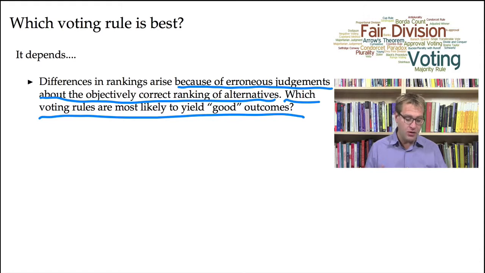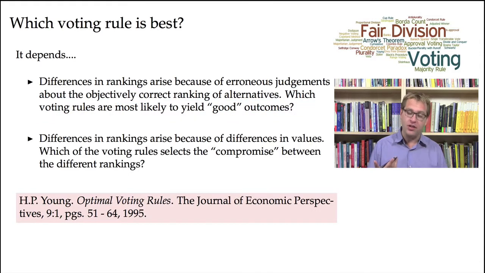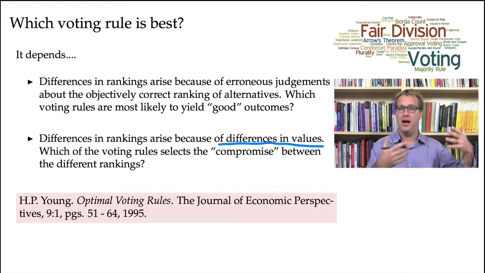But on the other hand, we might imagine that the differences in rankings arise because of differences in values. So in this case, it doesn't actually make sense to say that there is some objectively correct ranking over the alternatives, because the voters' differences in rankings are not arising out of differences of information, but rather they may disagree about the common objective.